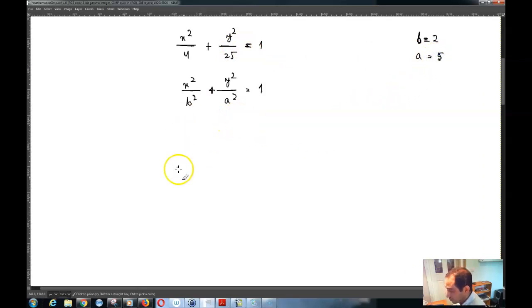Now the things that we want to figure out here are basically the foci. You see that your major axis is along the y-axis.